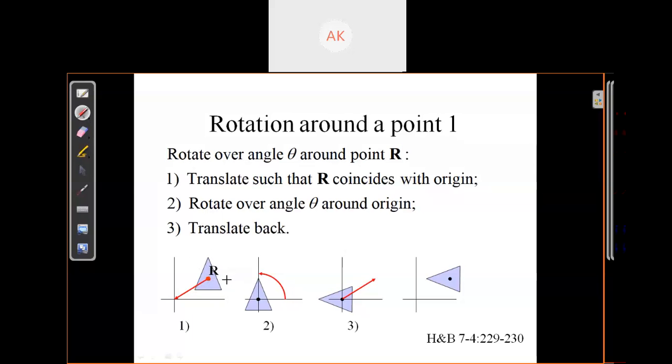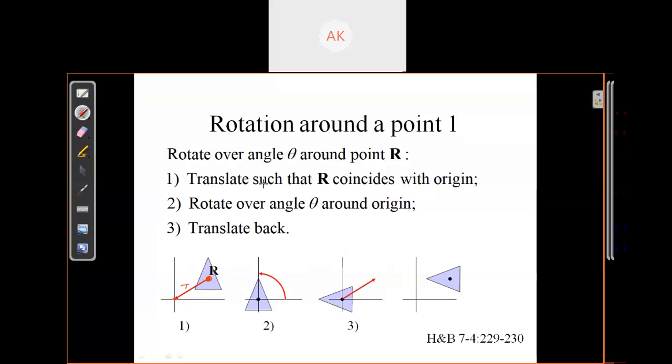You can directly apply the formula we have derived, or the second way is to translate the rotational point to the origin, shift your object accordingly, then rotate your object at the angle you want, then reposition your object back to the original position.